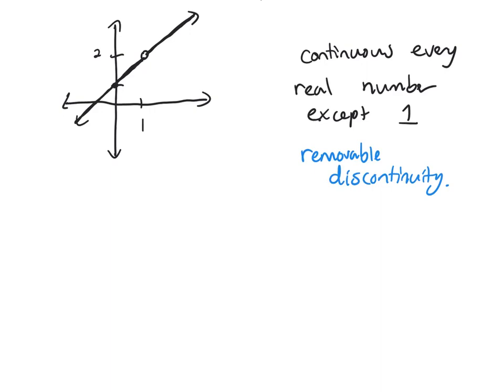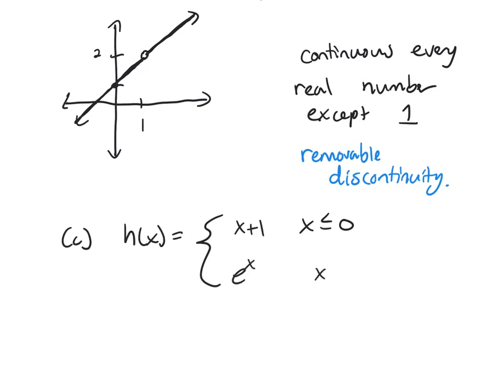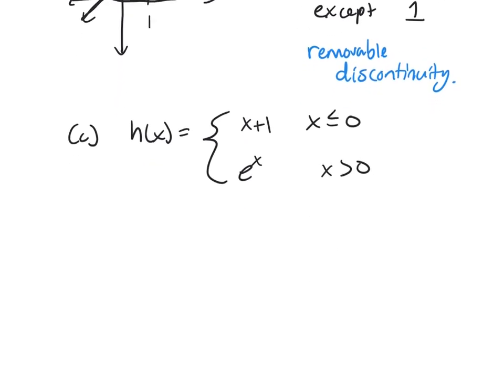Let's look at our next function, which would be h of x. It's going to be a piecewise function. It'll be x plus 1 if x is less than or equal to 0, and e to the x if x is greater than 0. So you can draw the graph of this piecewise function here.